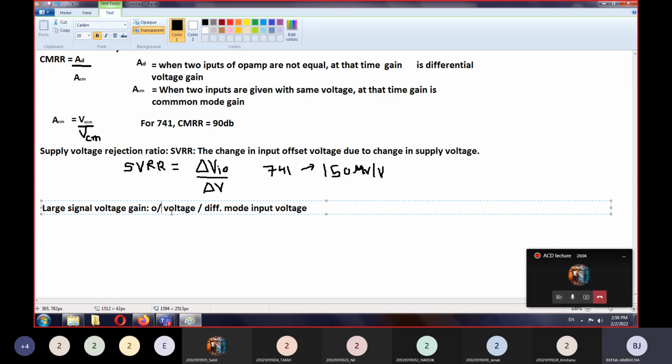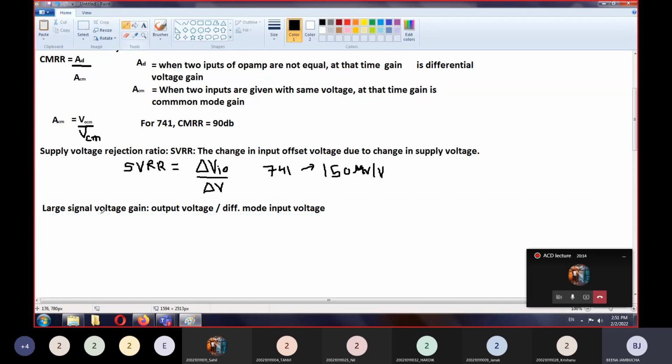Differential input mode means we have provided different inputs to the inverting and non-inverting terminals, right? This can be written as A, and you can also call it differential gain AD. So A equals V0 divided by VID. Okay.